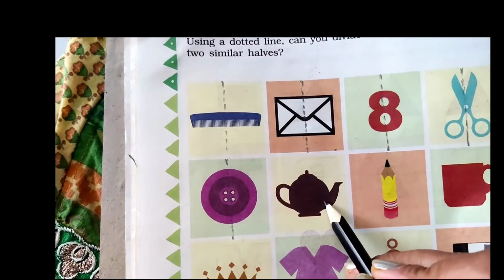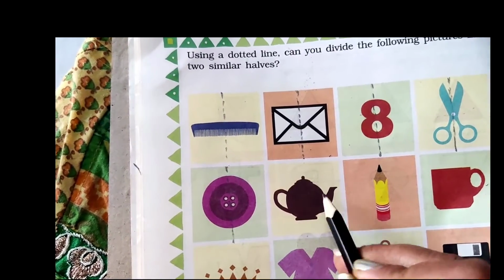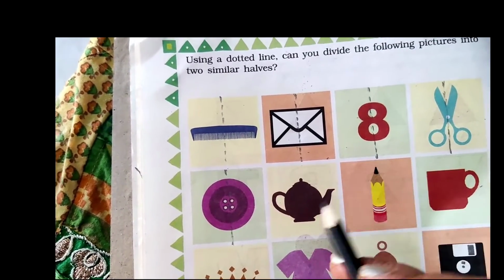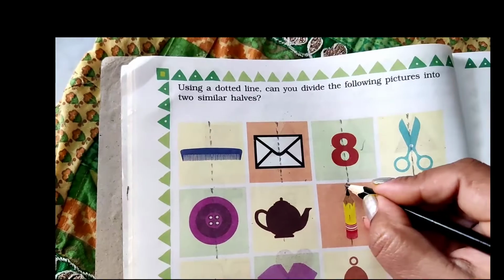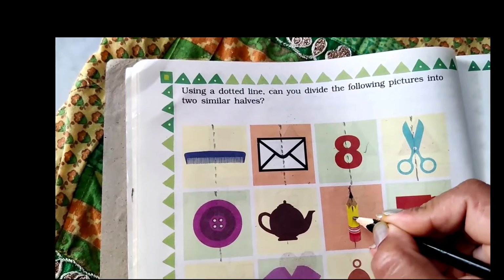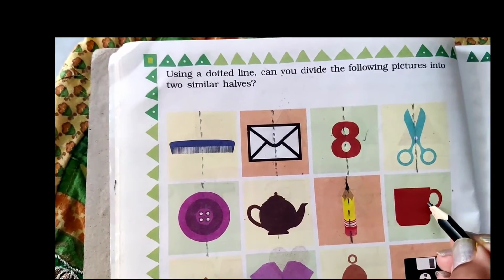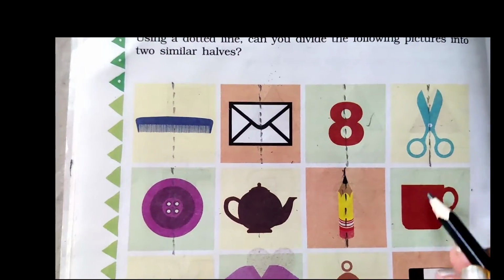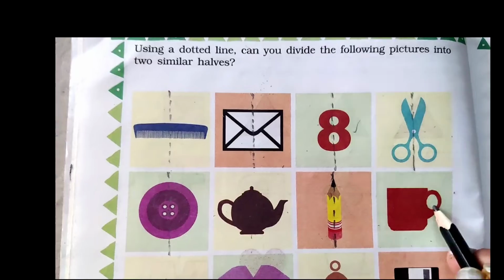This figure cannot be divided into two halves. If I draw a vertical line, it will not divide into two halves. If I draw a horizontal line, it will not divide the figure into two halves. This cup can also not be divided, because if I draw this line in this way, it will not divide the cup into two halves.